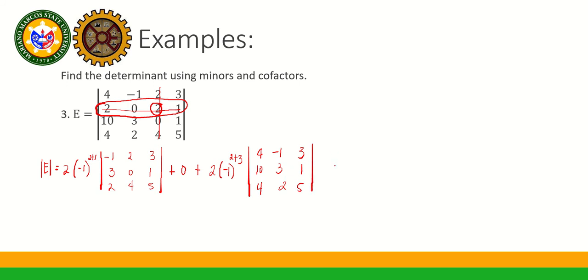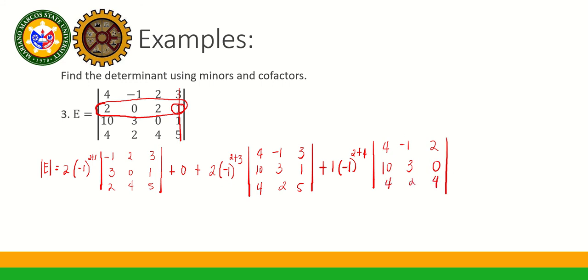And for the last selection, we have 1 multiplied by negative 1 raised to row 2 and column 4. So 2 plus 4. And then yung matrix mo will be, selected this one. So matatanggal yan. So you will have 4, negative 1, 2, 10, 3, 0, and 4, 2, 4.